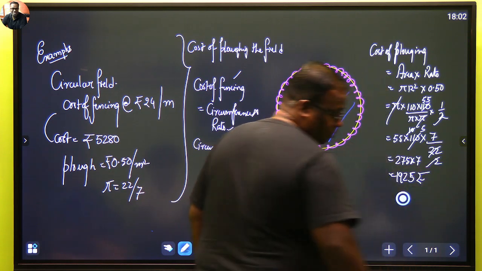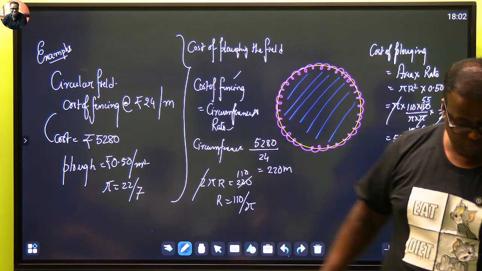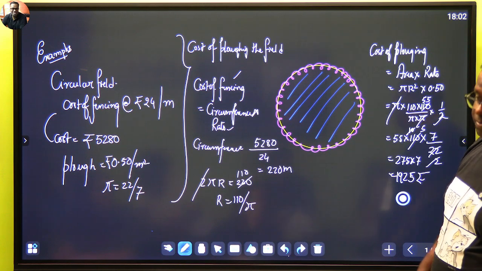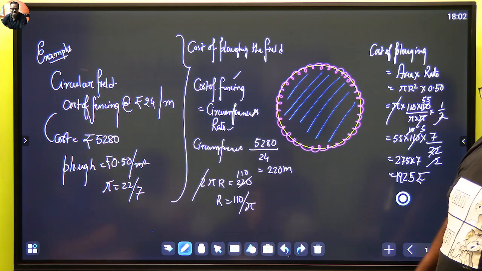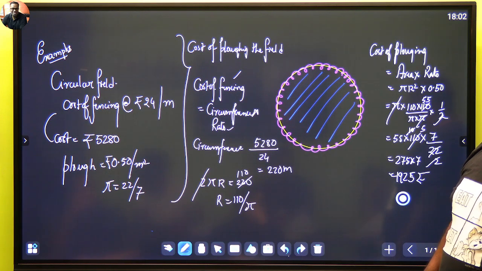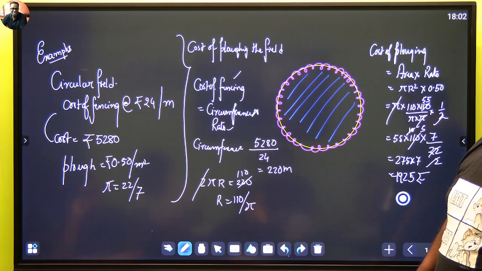So 1925 rupees should be my cost of plowing the field. Check it. Easy problem. Anyone has any issue? Good. So your next test is 12.1.